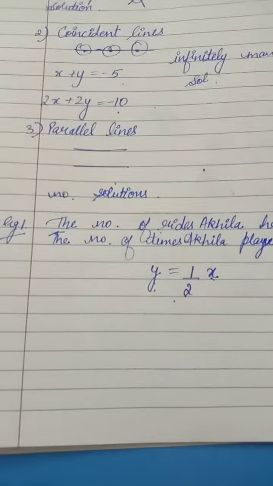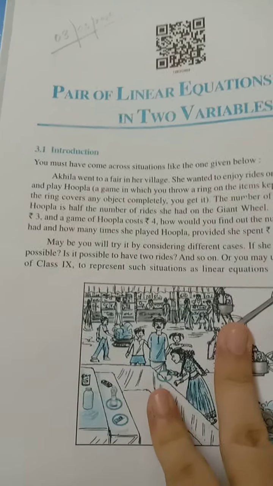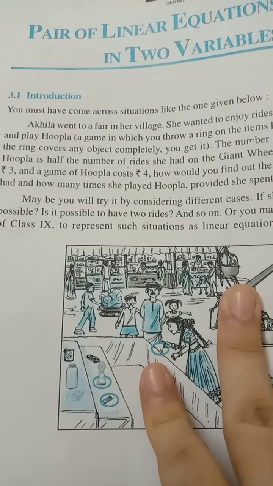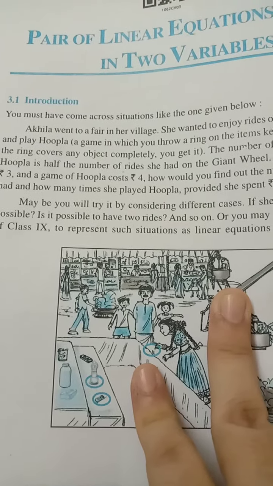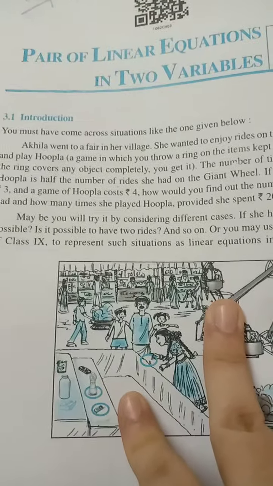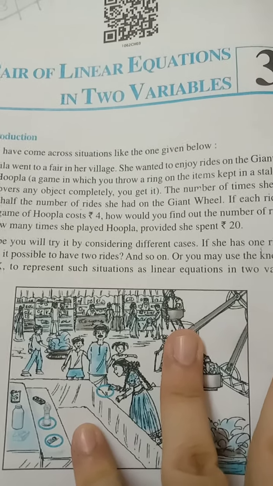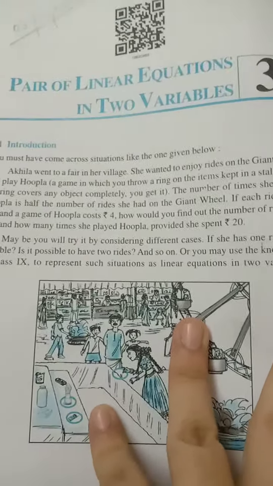Then the question says, if each ride costs rupees 3 and a game of hoopla costs rupees 4, how would you find the number of rides she had and how many times she played hoopla, provided she spent rupees 20?